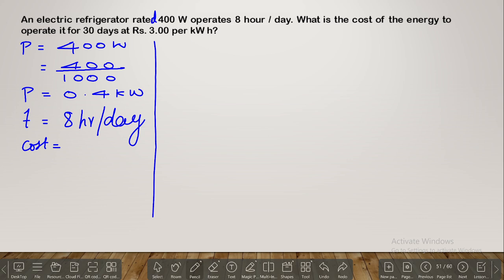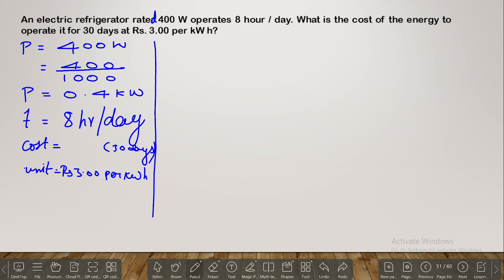For 30 days we need to find, and they are charging rupees 3 per kilowatt hour. Clear? So this is what you are going to find.